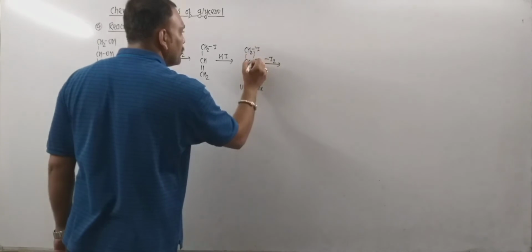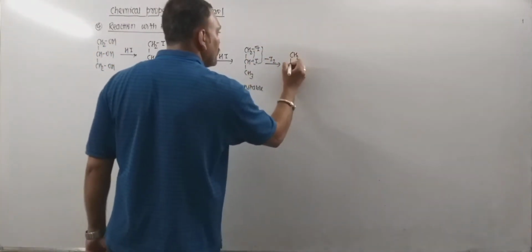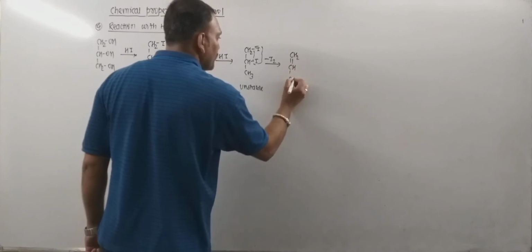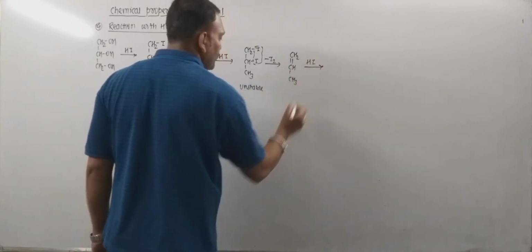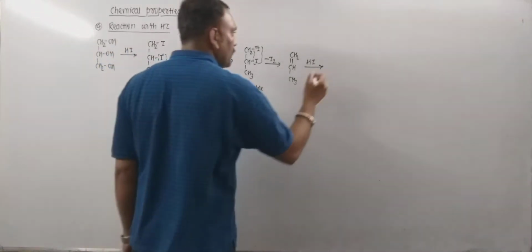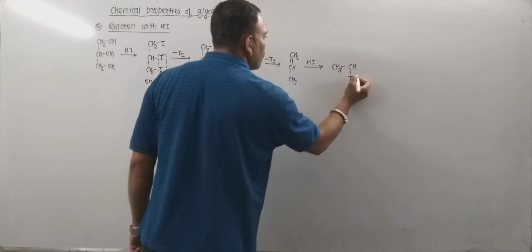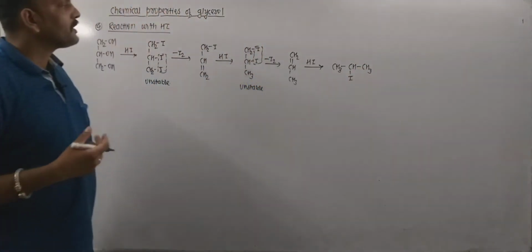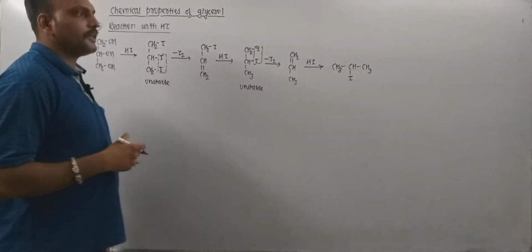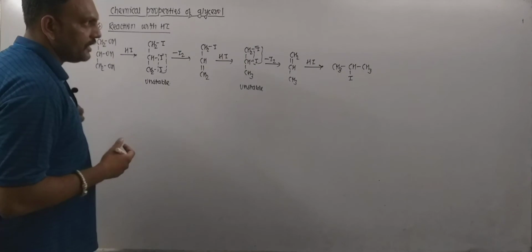Hereby departure of I2 takes place, due to which we get propylene, and this propylene further reacts with HI following Markovnikov's rule, and we get the product called isopropyl iodide. In this way HI reacts with glycerol producing isopropyl iodide.